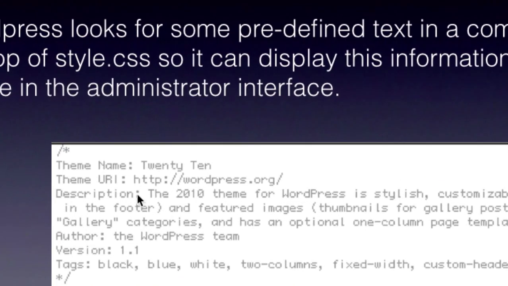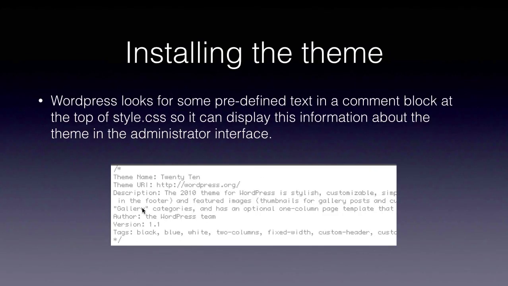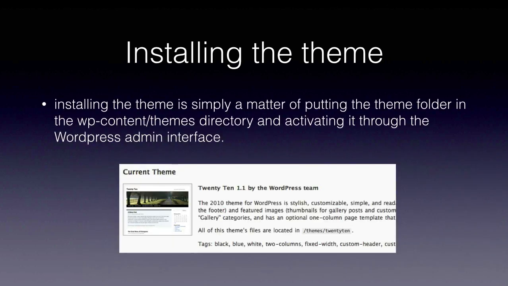This is again one of the default theme examples. It has a comment at the very top of the style.css file from that theme, with a bunch of information about the theme itself: name, URL, description. That information will be output here in the administration interface once you've actually installed the theme files.